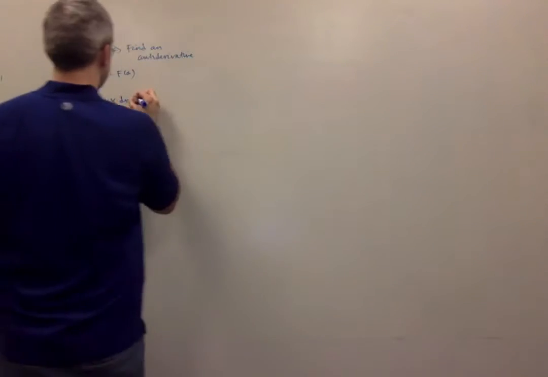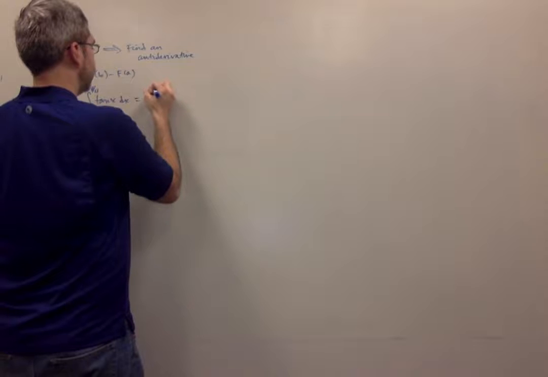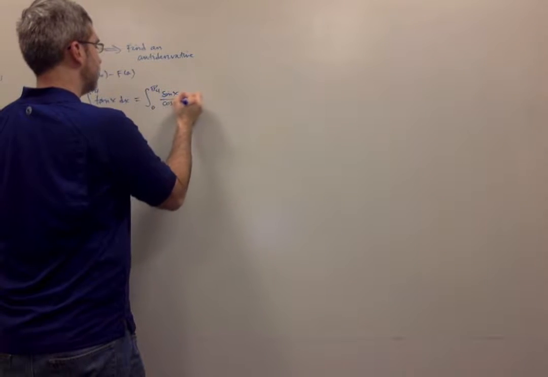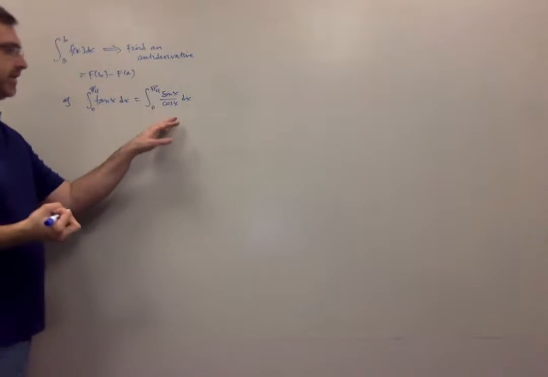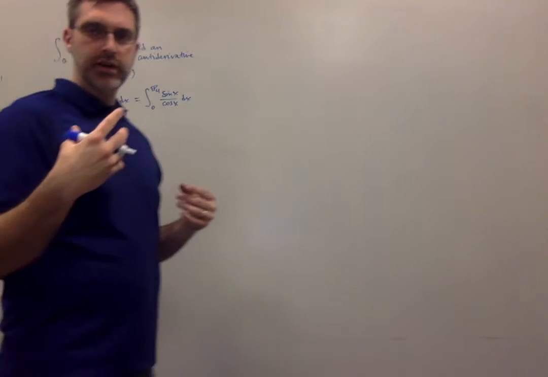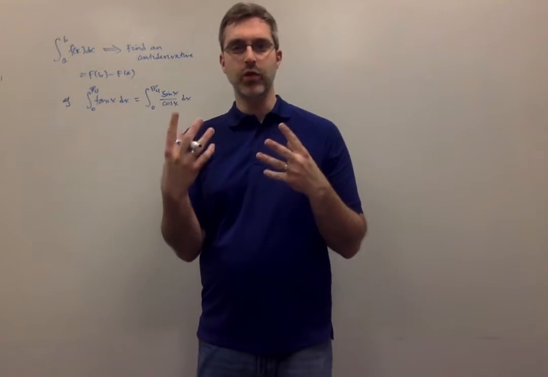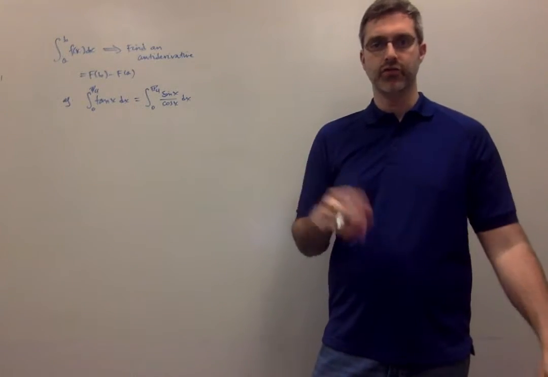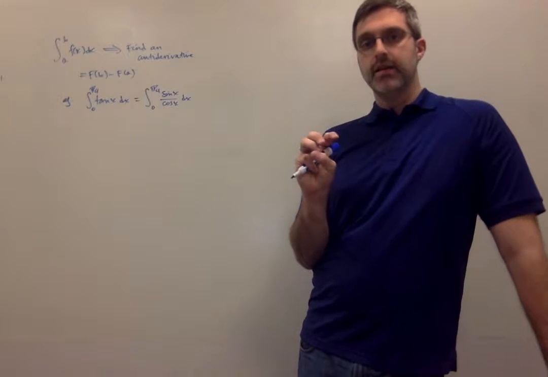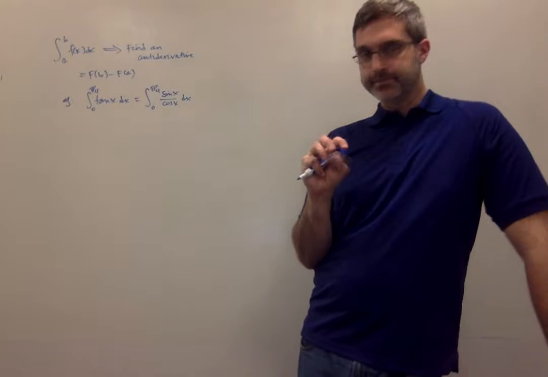You do know the antiderivatives of sine and cosine, but the problem is that we don't have an anti-quotient rule or an anti-product rule right now. We will be looking at something similar to that later on.